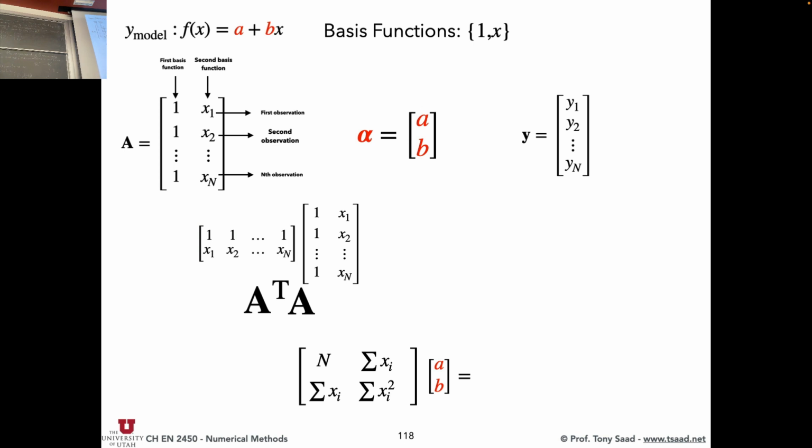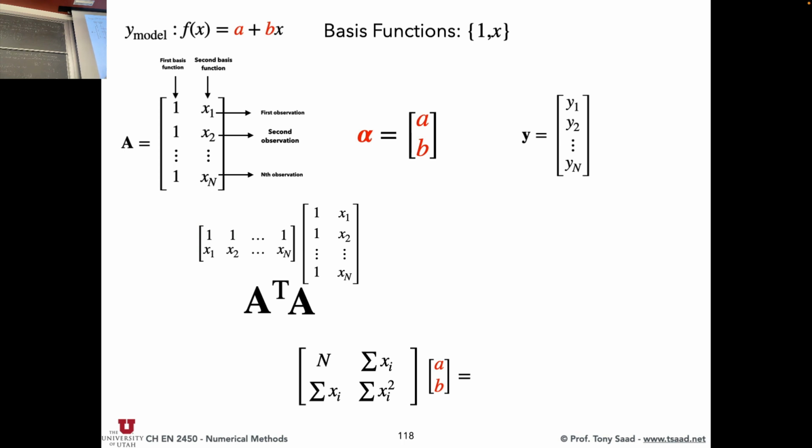This one is 1 times x1 plus 1 times x2 plus dot, dot, dot, 1 times xn. That's sum of xi. Same thing over here, sum of xi. And the last one here is x1 times x1 plus x2 times x2 plus dot, dot, dot, xn times xn. It's sum xi squared.